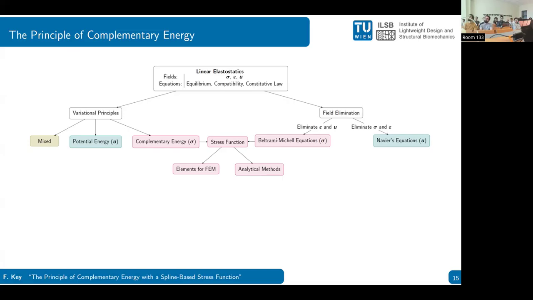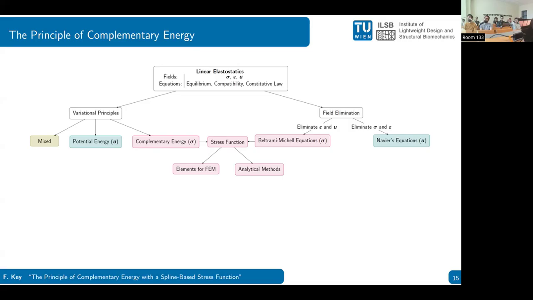So now how can we use this to compute the stresses? And in particular, what's done already in literature is to use so-called stress functions. You will see what it is in more detail later, but basically this is some way to consider the static admissibility automatically.